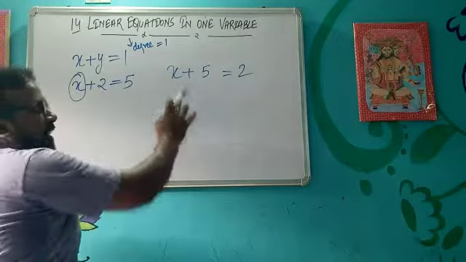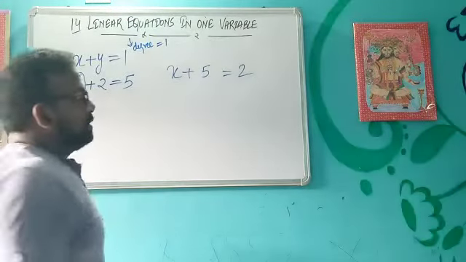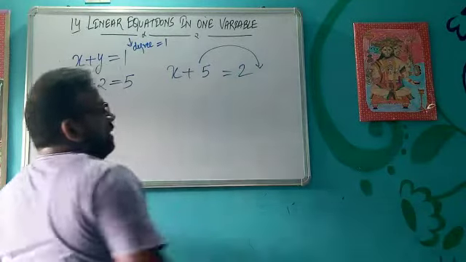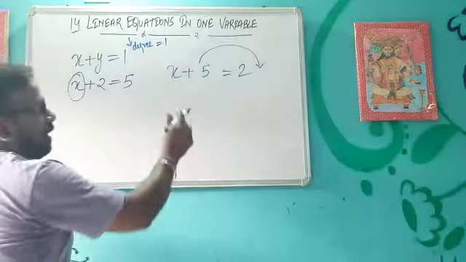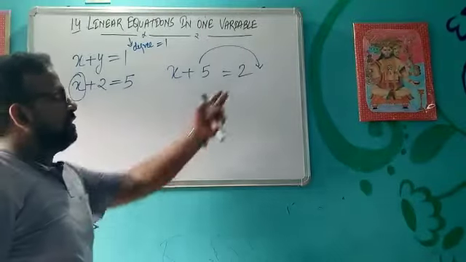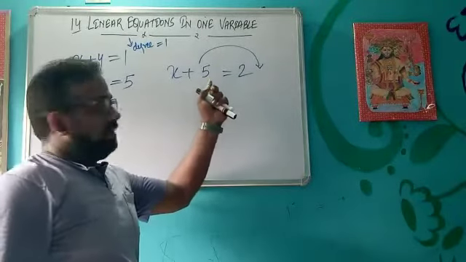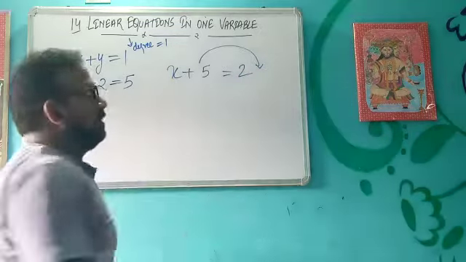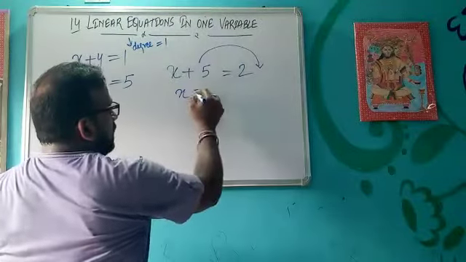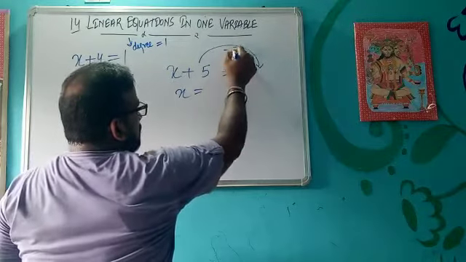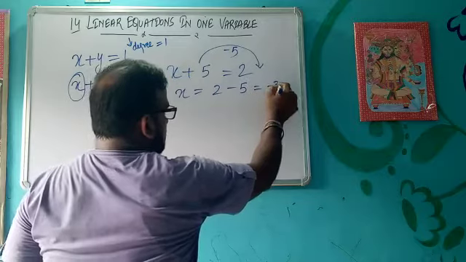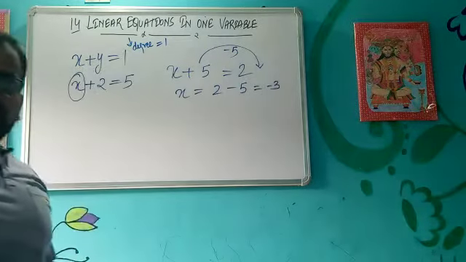From here I will get the definite value of x. So what is my procedure? I will take this 5 here. Whenever any value crosses the equal to sign, whether x goes to the other side or a constant goes, the sign changes, so plus 5 becomes minus 5, and x is minus 3.